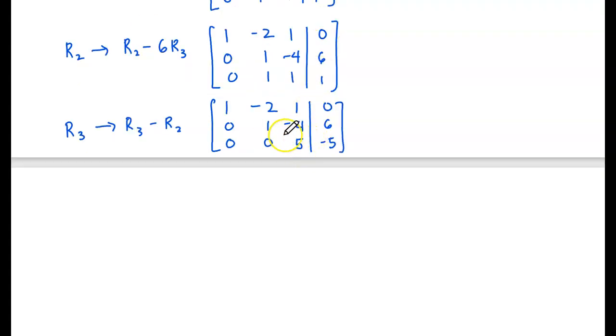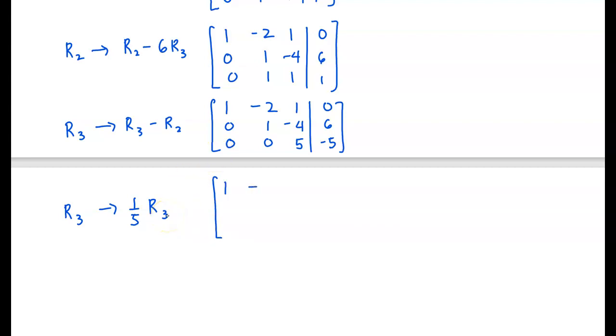Then the next goal is to make this equal to 1. So to make this equal to 1, you just replace R3 by 1/5 of R3. So all the entries in R3 will be multiplied by 1/5.